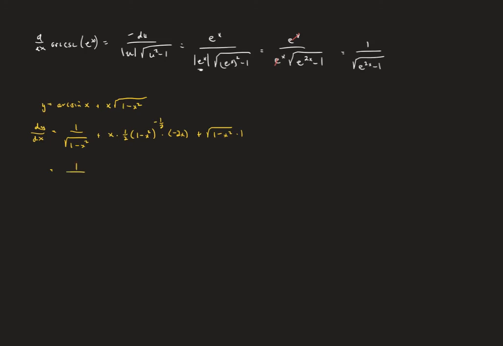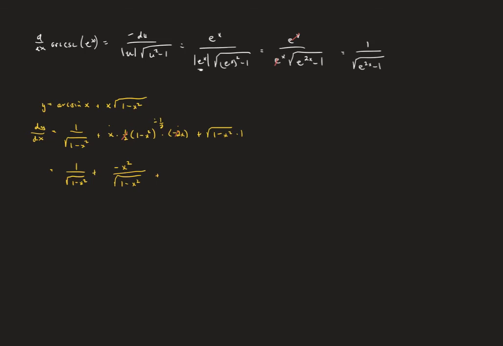We've got 1 over the square root of 1 minus x squared. Now here, this 1/2 and that 2 are going to cancel. The x times the negative x is going to be a negative x squared. The negative exponent is going to throw that into the denominator, and that's going to be the square root of 1 minus x squared.